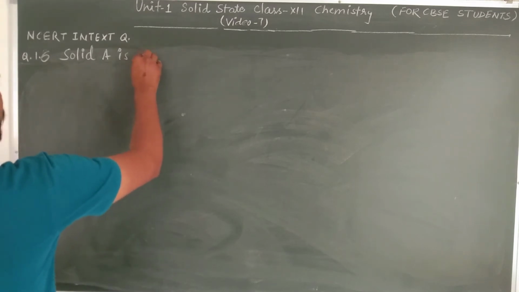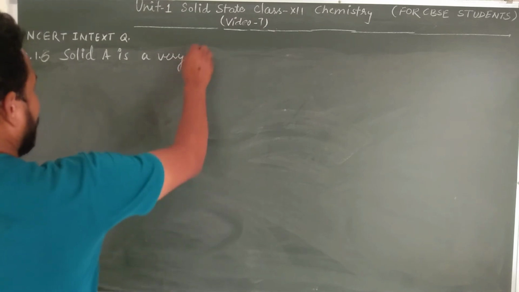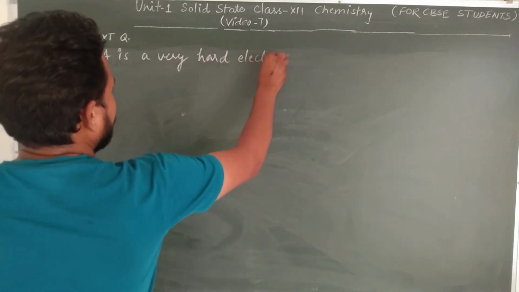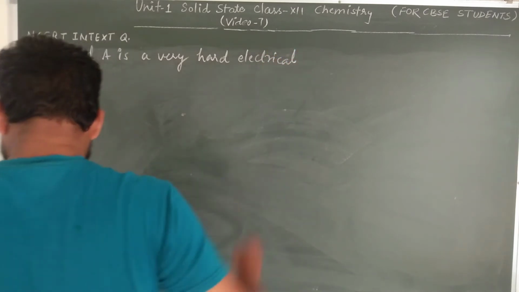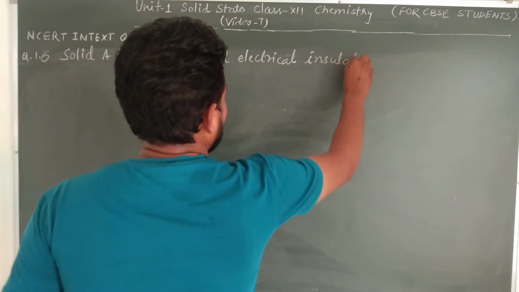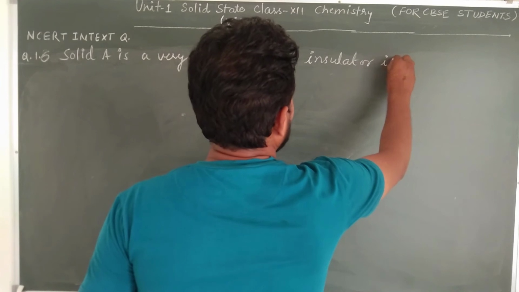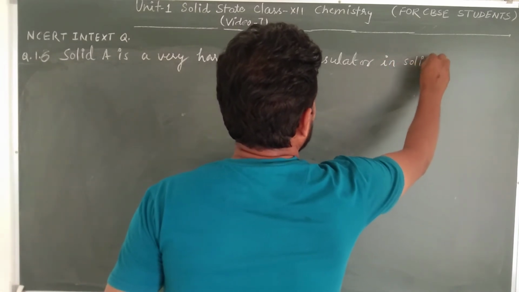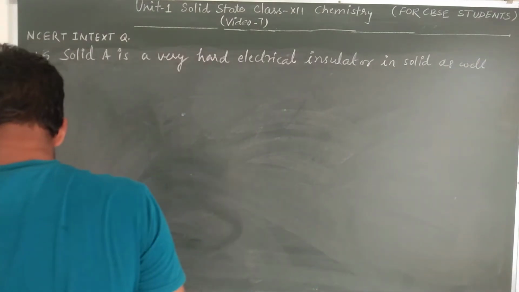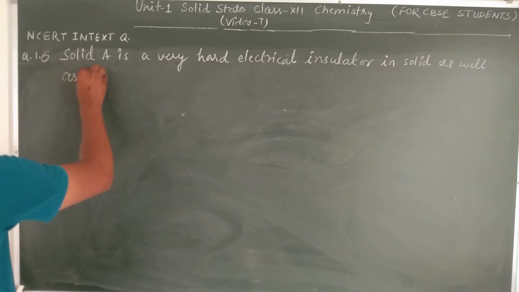Solid A is a very hard electrical insulator, in solid as well as in molten state.